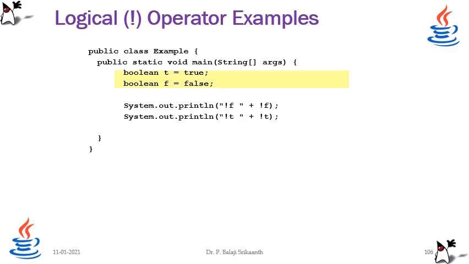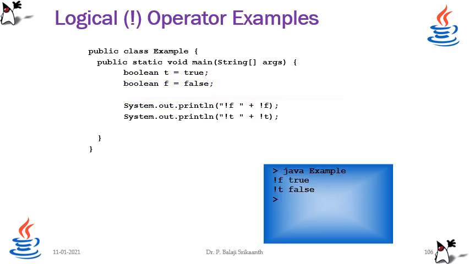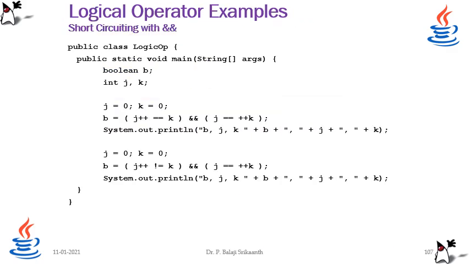This is for logical NOT operation. Short circuit operators. See here, this is one operand, this is another operand. If the output of this operand is known, then this operand will not be executed. That's why it is called a short circuit operator.